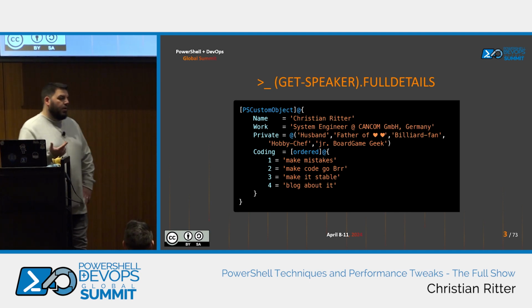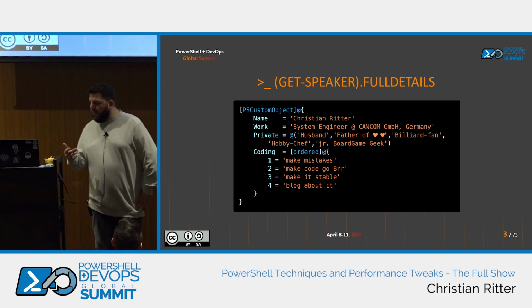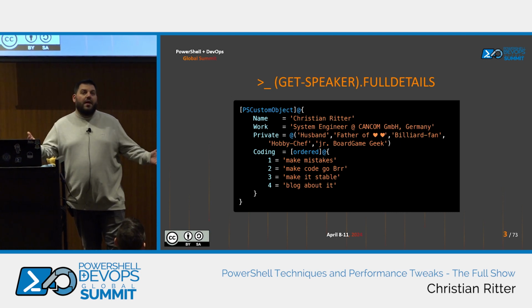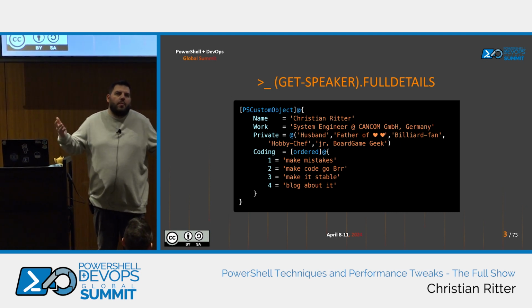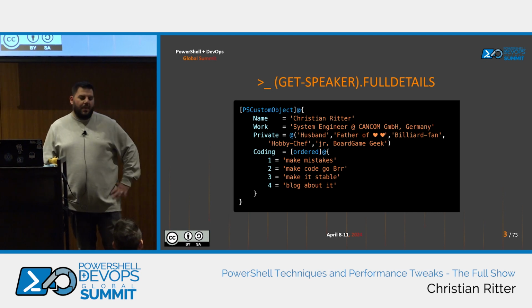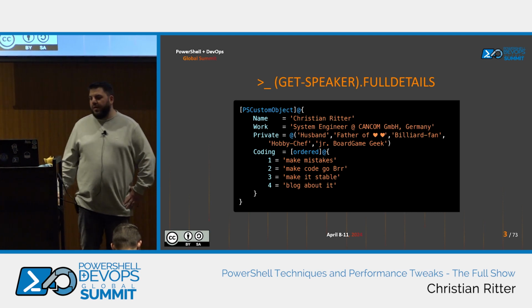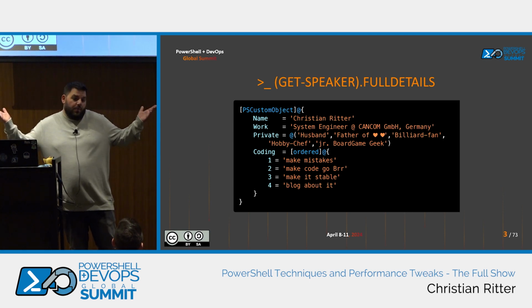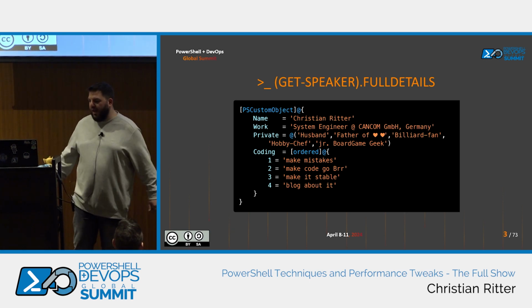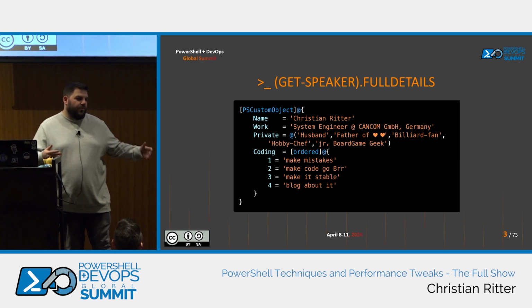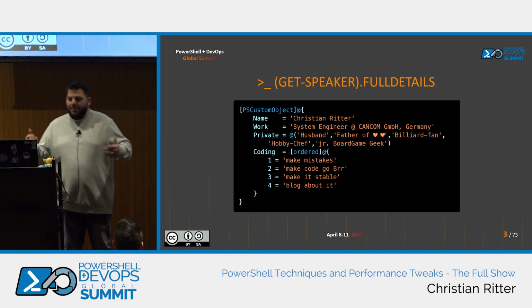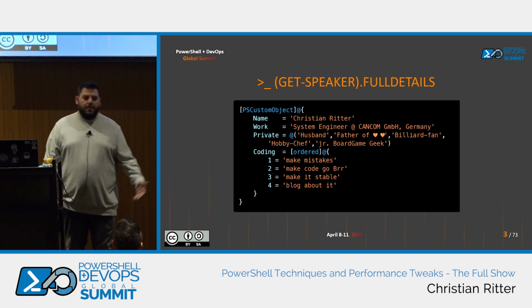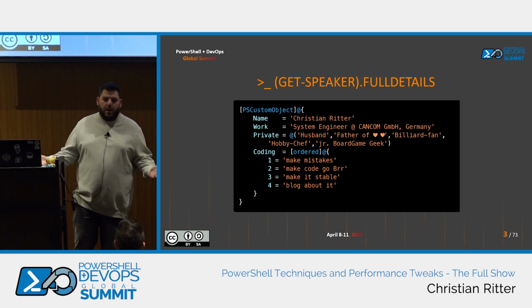I'm working for CanCom in Germany. My hobbies: I'm a husband, so more or less that's kind of a hobby, and a father of two beautiful children. I like playing billiards, so tonight we probably have the chance to get a match together. I'm a hobby chef, the only home cook at home, so it has to be my hobby. And I like playing board games a lot.